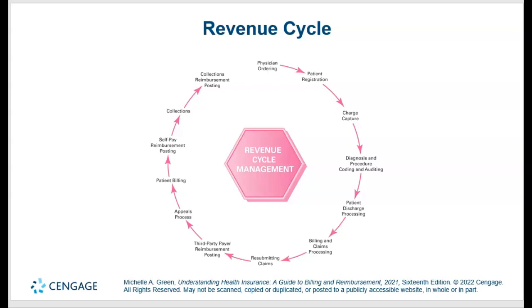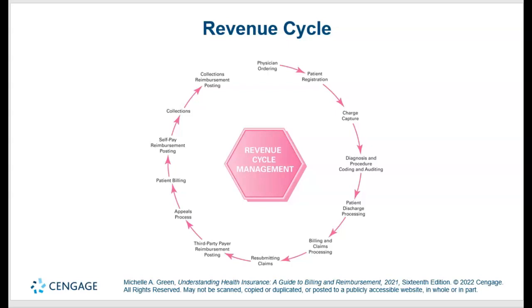With that, the charge capture is going to be possibly the office call, a certain amount, or if it's the hospital, what are they being admitted for? Okay. So then we have diagnosis and procedure coding and auditing. So with the documentation, the diagnosis is going to be coded, procedure is going to be coded, and then after that's all into the system, which we get into in chapter 11, the patient discharge processing.